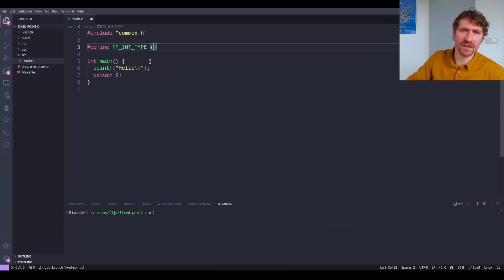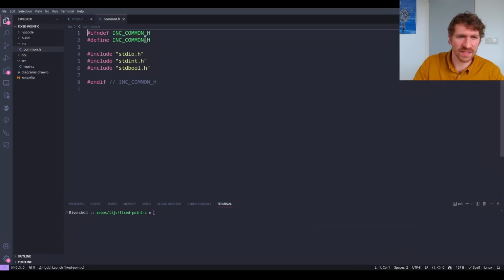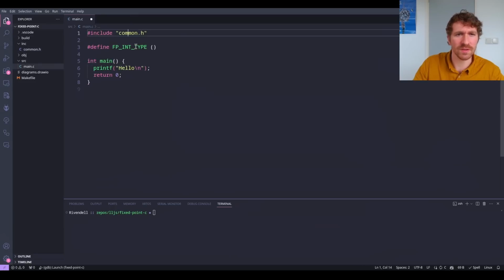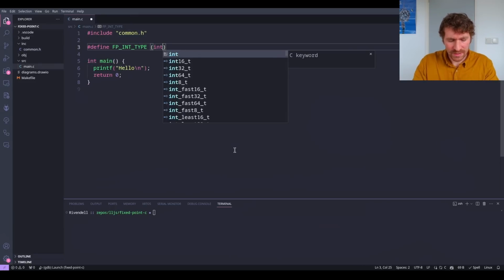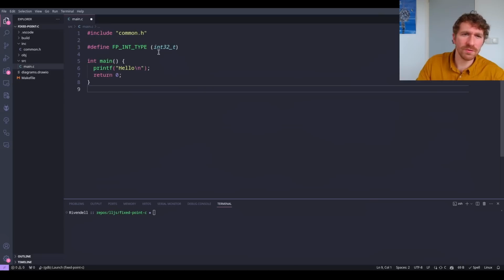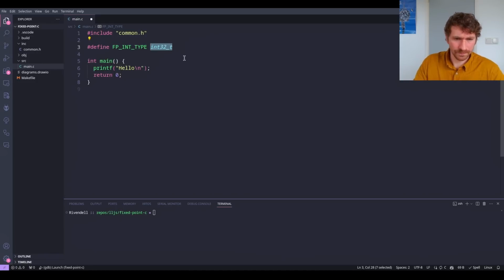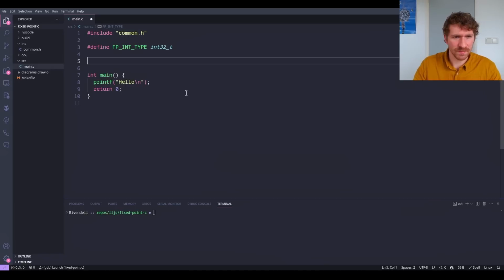You could be using int16, int8, or int32. We don't know that, so we're going to put this here. And common actually includes stdint, so we can talk about the standard integers here. So I'm going to say that our fixed point integer type is actually int32. Okay, so that means we've got 32-bit integers, right? But we still need to calculate that out.